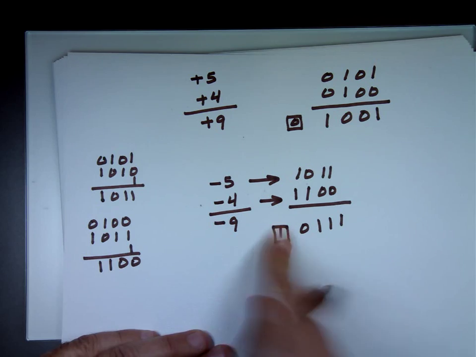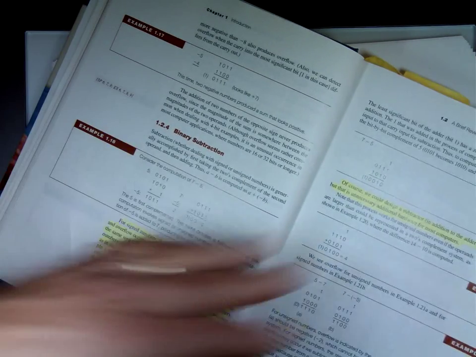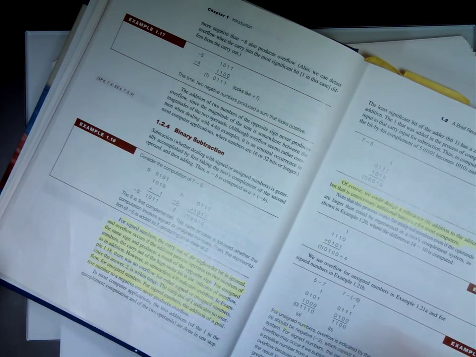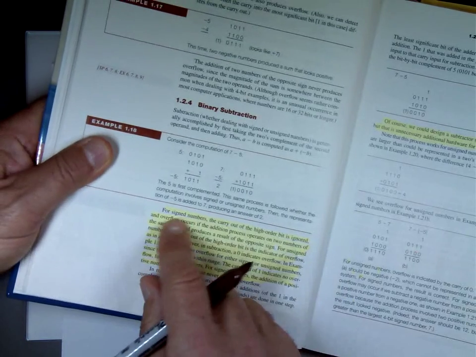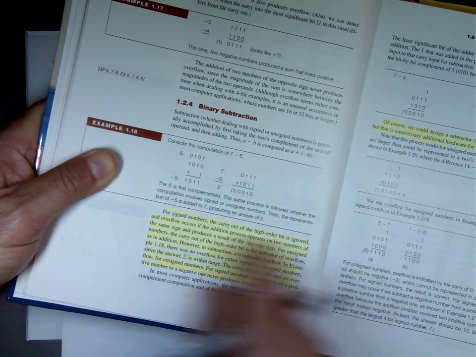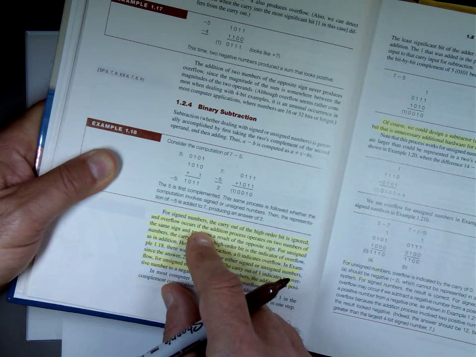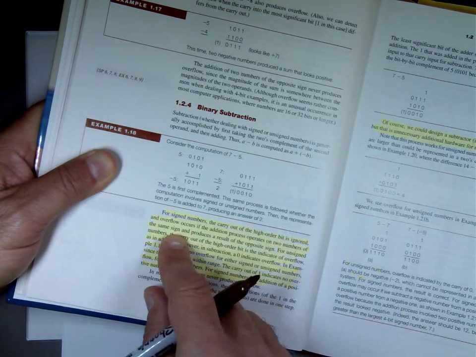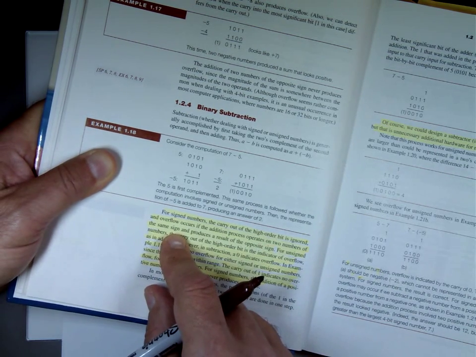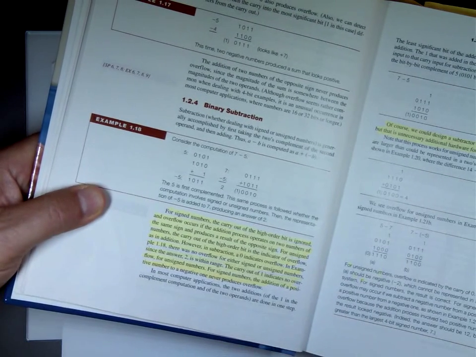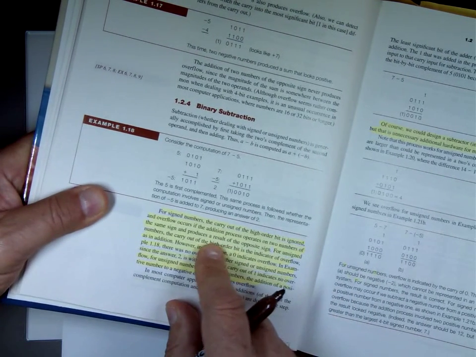So when you're adding the same sign, here we go. For signed numbers, the carry out of the high order bit is ignored and overflow occurs if the addition process operates on two numbers of the same sign and produces a result of the opposite sign.